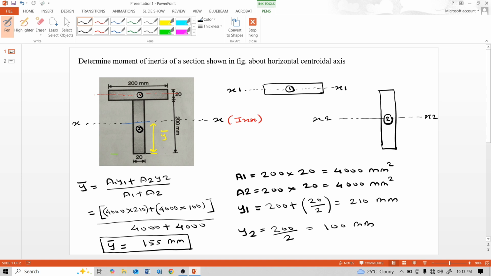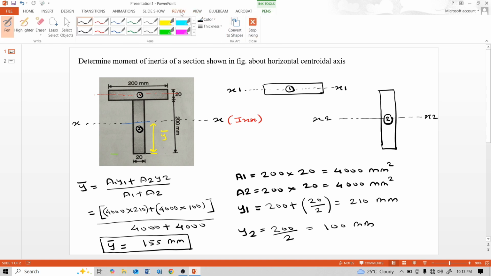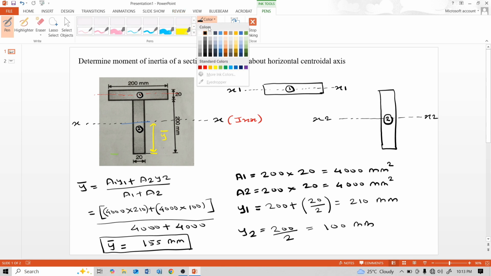The x2 axis lies at 200 by 2, that means 100 mm.